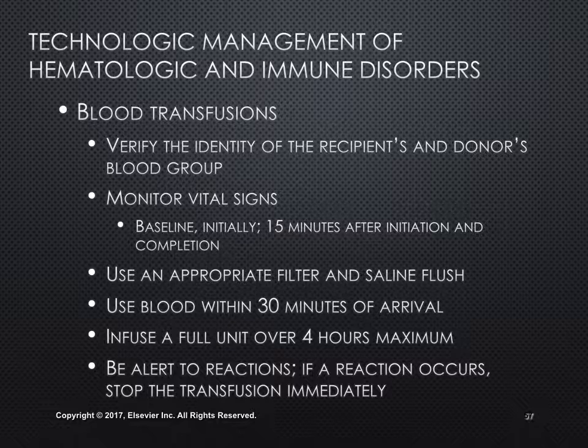So we get an amount that will go over the 4 hours, and we have them keep the additional blood in the blood bank so that we can get that blood and infuse it for the additional amount of time, so that we don't have it hanging more than 4 hours.